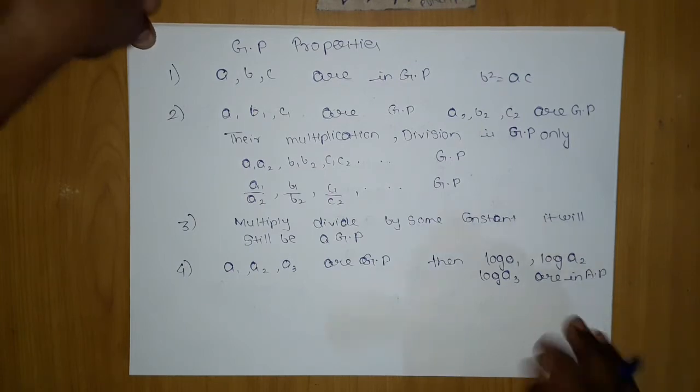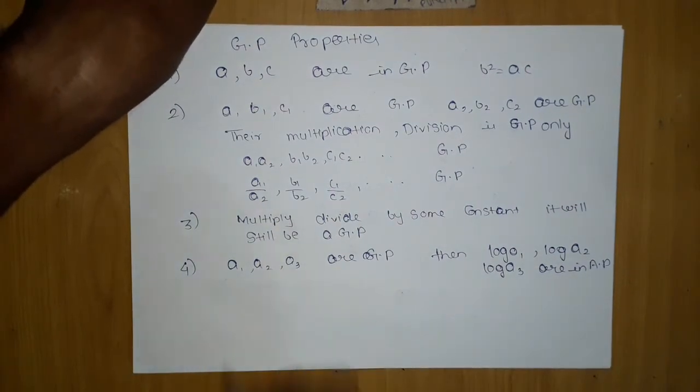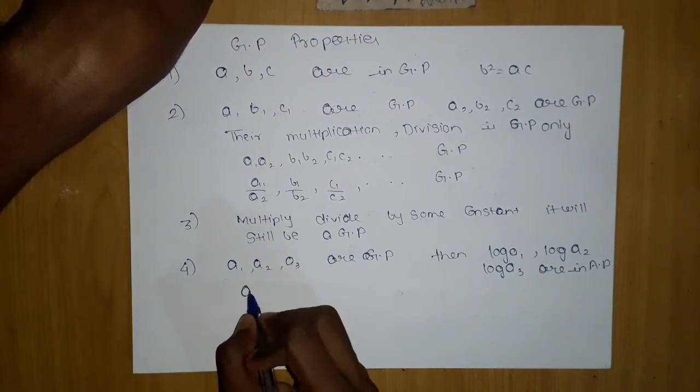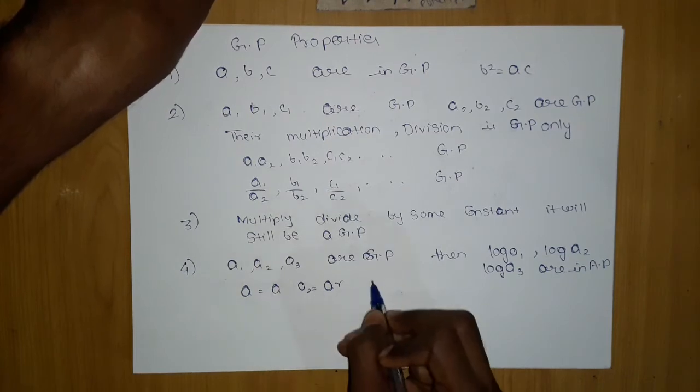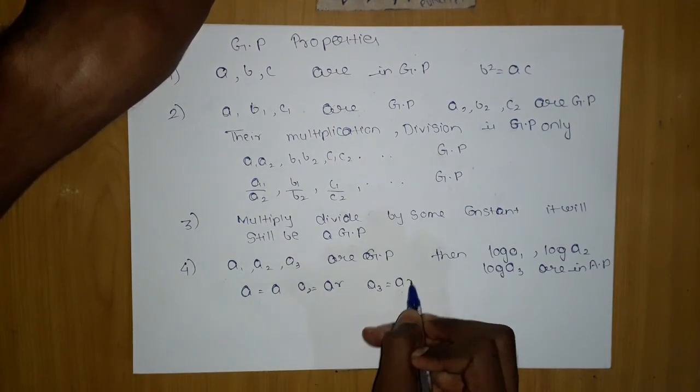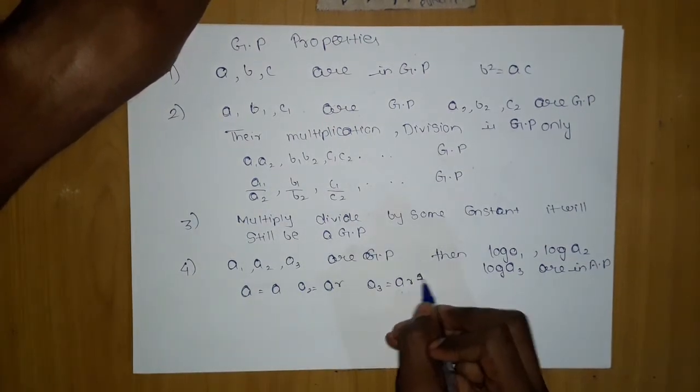How does this happen? If these are in GP, then I can say this is A, this is AR, A2 will be AR, A3 will be AR square.